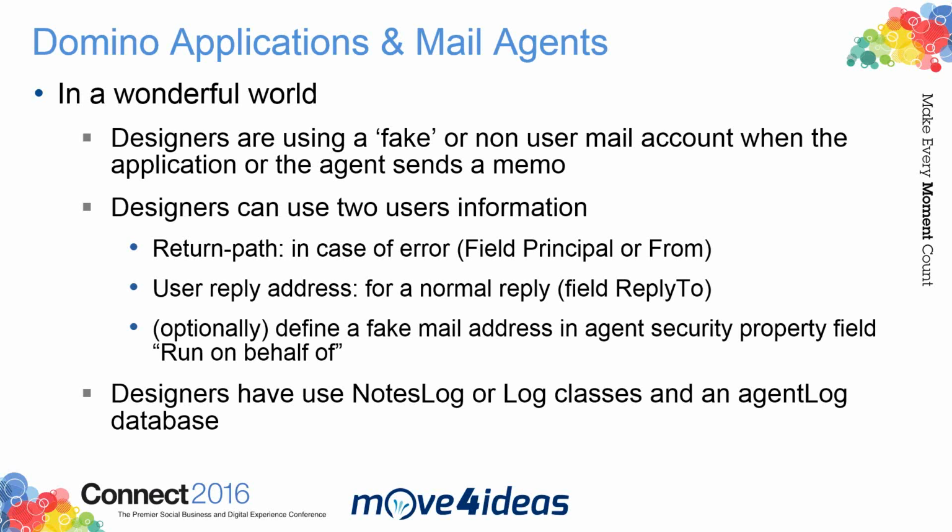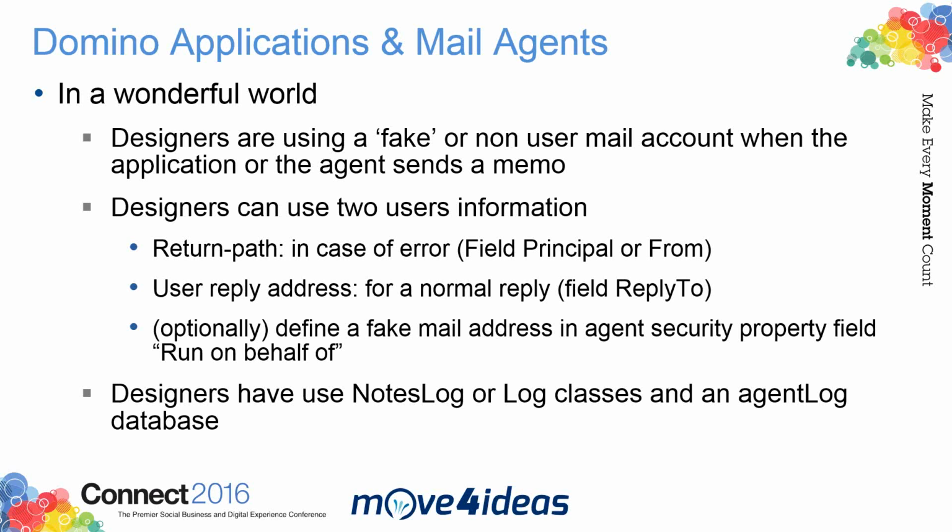Sometimes we saw in some Domino architectures that the designer didn't use that, and so the signer is the sender. The problem is the signer is an admin, so if he is leaving the company, we still have some agents signed by these people. The designer can use two kinds of information. Normally, you can use the return path.